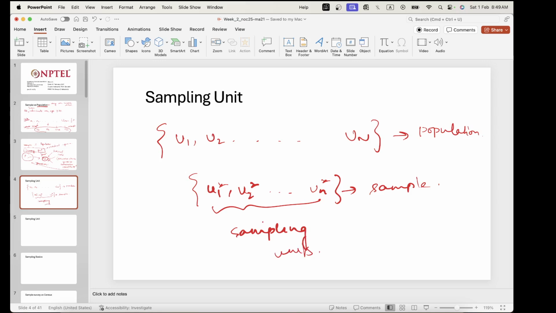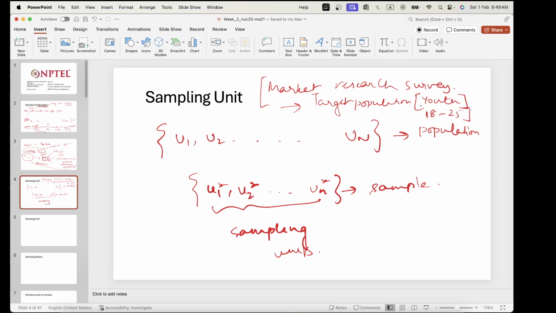So let's say I am carrying out a market research survey. Okay, and my target population is youth. Okay, let's say between age 18 to 25. This is my target population.